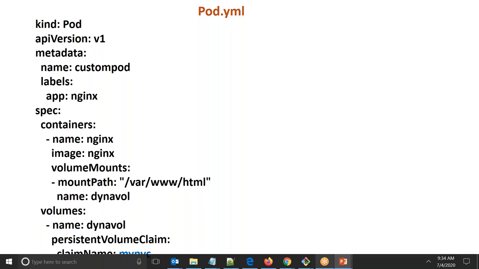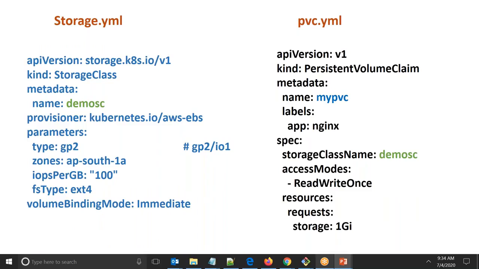But to understand the logic, if you want to do dynamic provisioning, first you should have a storage class, and that storage class will tell what provider you want to connect to for creating the volume. And to refer to the storage class, you will have a persistent volume claim which will say this is my class.